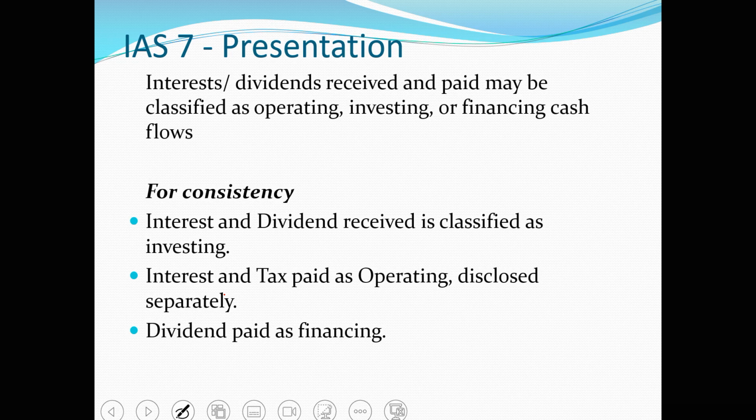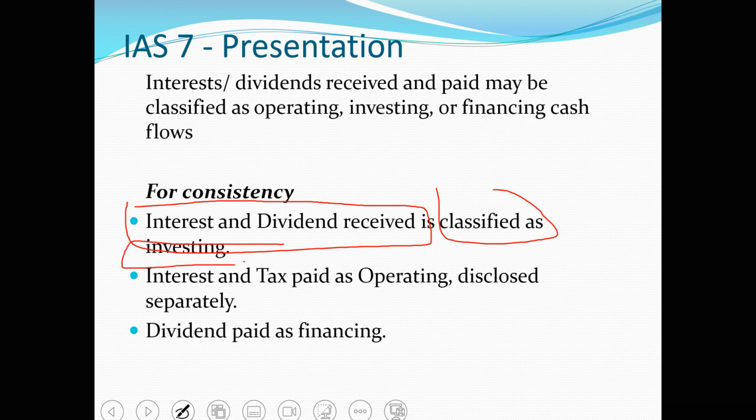And so for the sake of consistency, as a class, as we go through IAS 7 presentation, our rule, all of us, when you are dealing with interest and dividend received, classify it as investing. So you put it under investing activities. Interest paid and tax paid, you classify under operating activities, and you must disclose them separately.